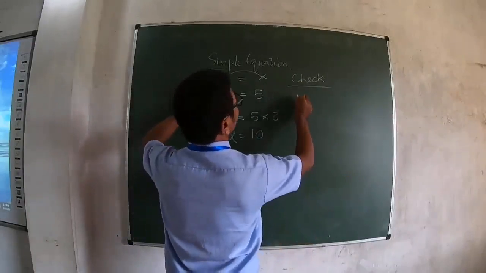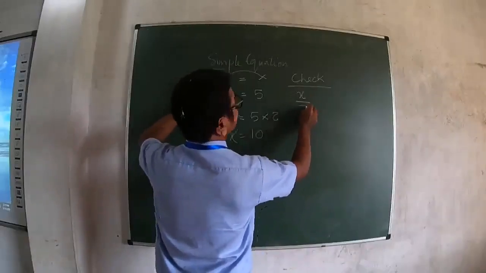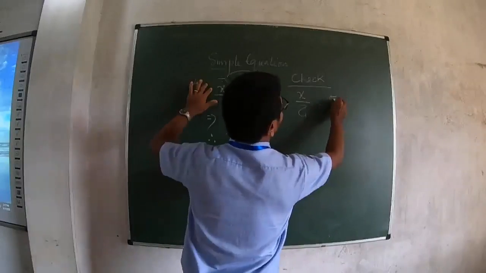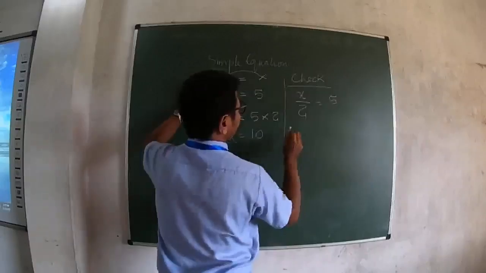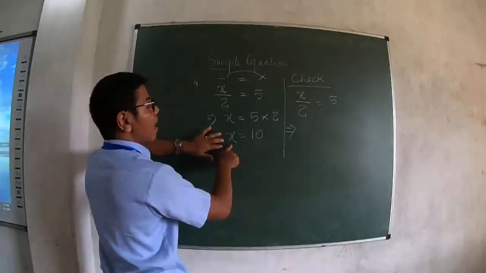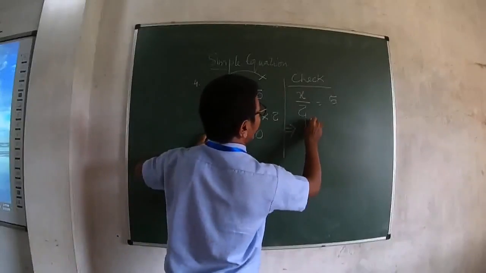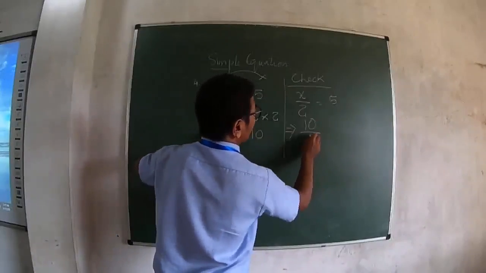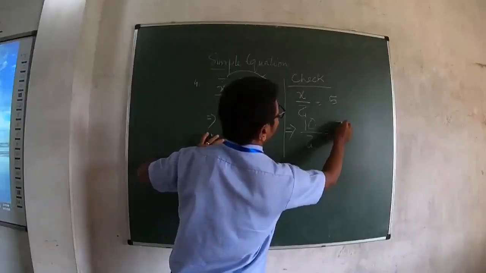Please copy your question. x by 2 equal to 5. Now, what is the value of x? We found it is 10, and this 2 comes down, equals 5.